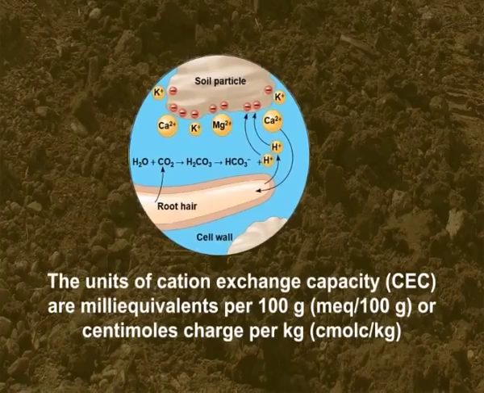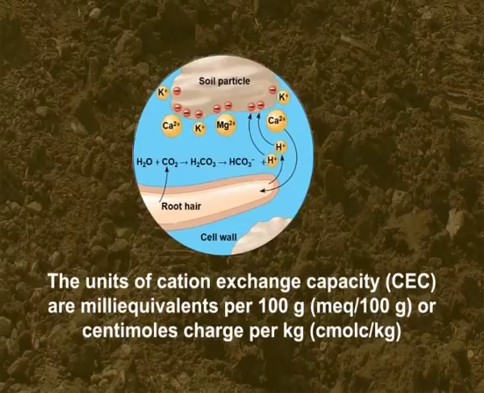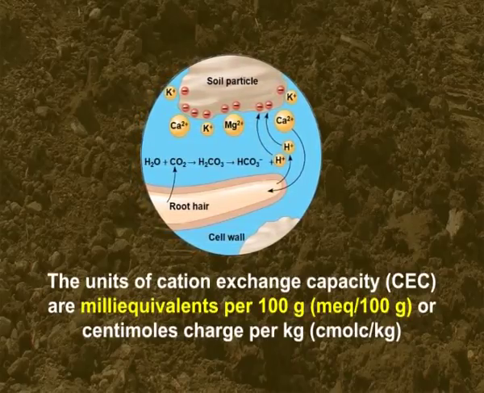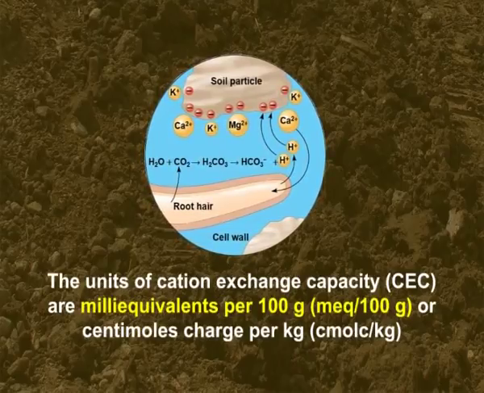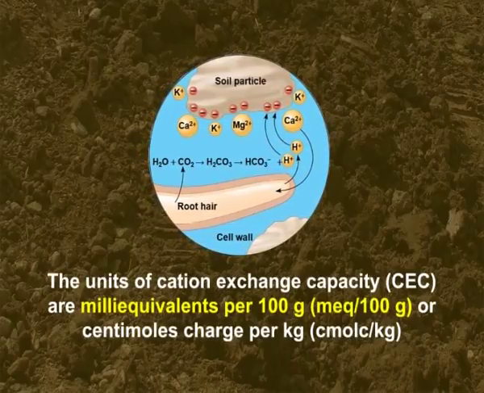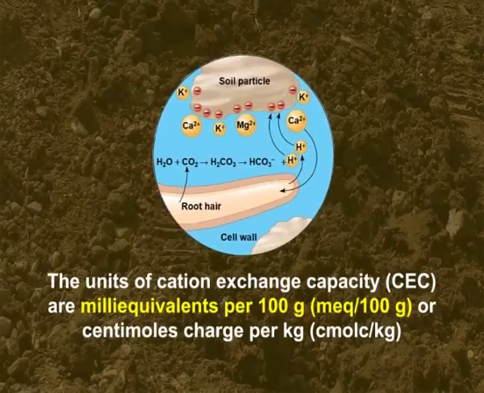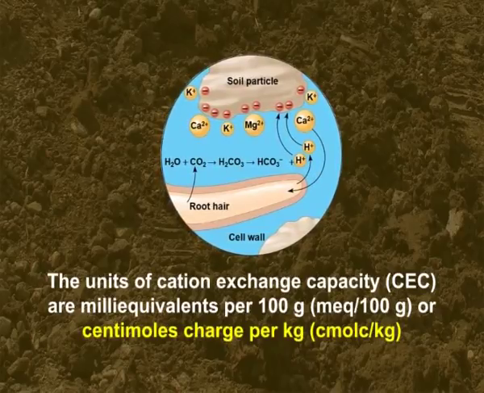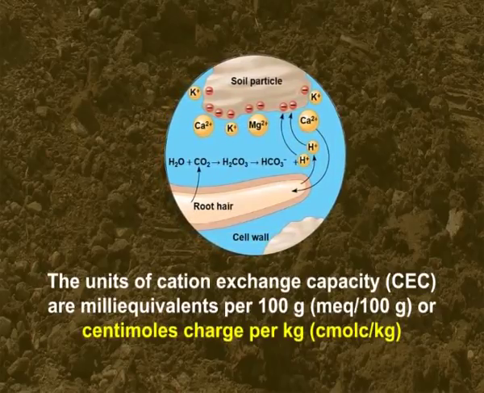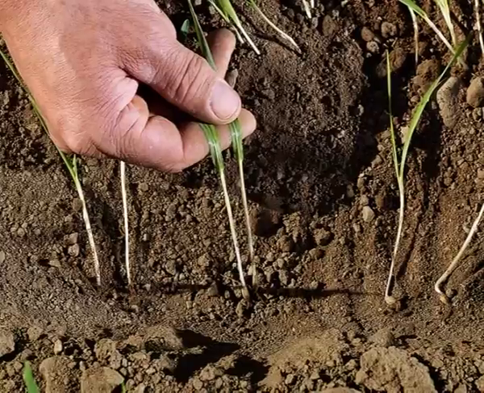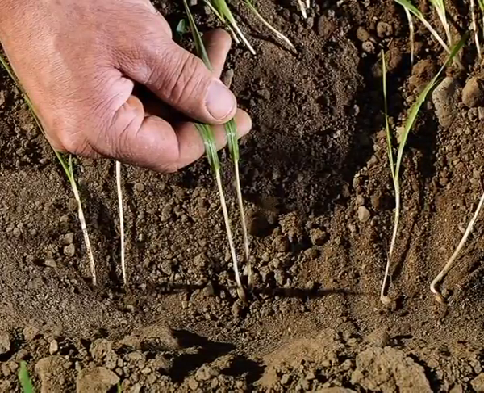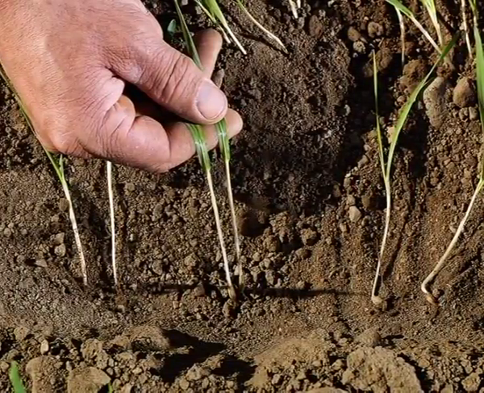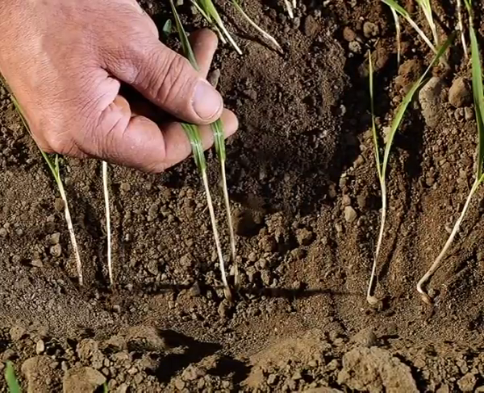The unit of cation exchange capacity, CEC, are milliequivalents per 100 grams, represented by meq/100 g, or centimoles of charge per kg, represented by cmolc per kg. Cation exchange capacity or CEC is a measure of how many cations can be retained on soil particle surfaces.